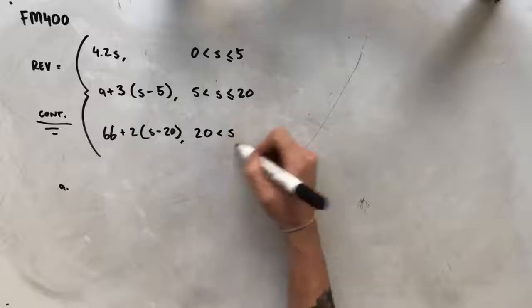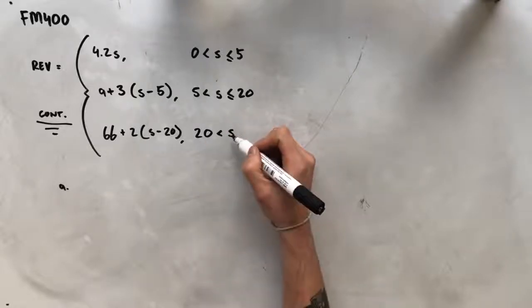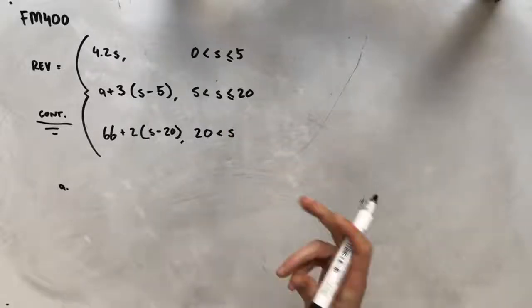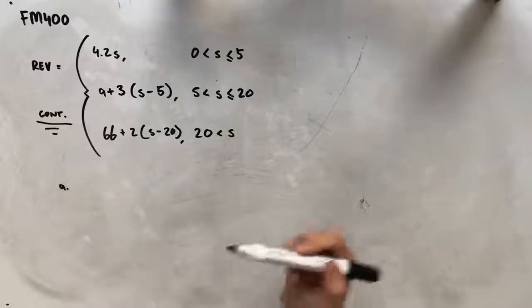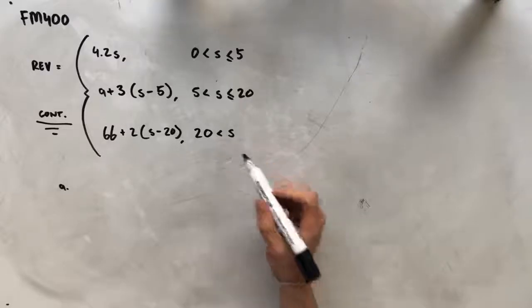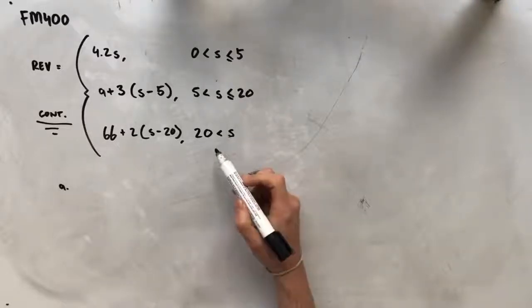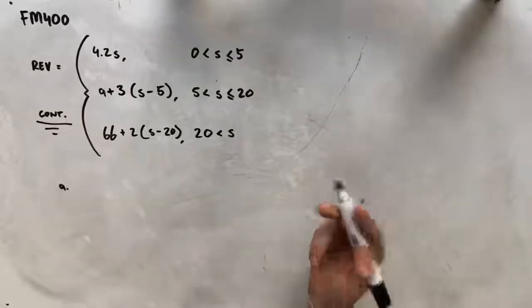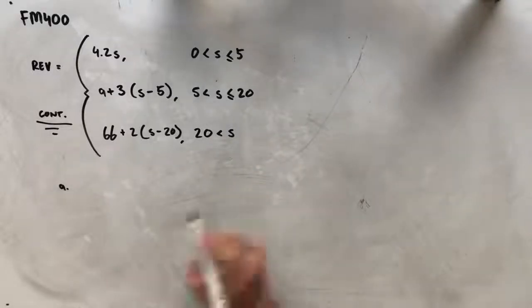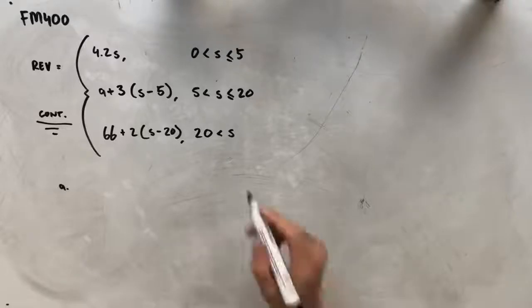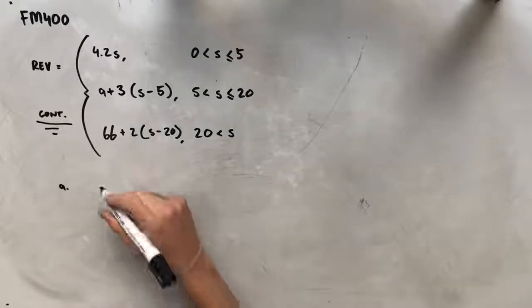This one says S must be greater than 20, which means that technically it can't be 20. But we've been told that the equations are continuous, which means that it's incredibly likely that the start of this line will look as though it starts at a value of 20 for our number of succulents. So I'll show you what I mean.